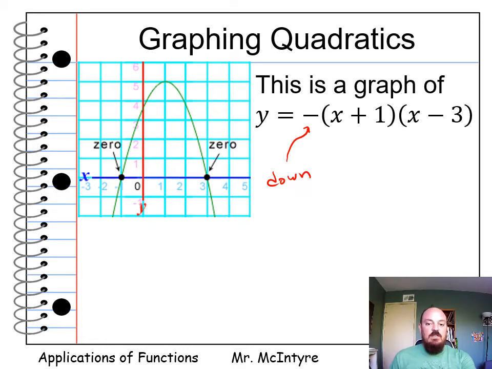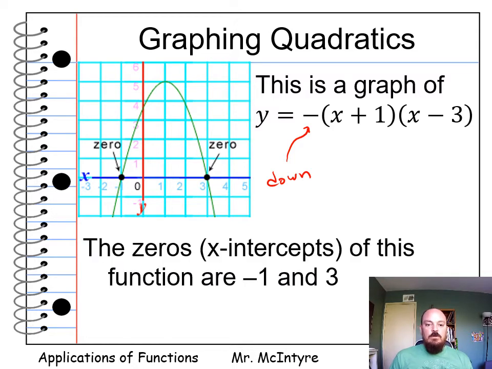Now the other two things I want you to notice are marked on there as zeros. Zero is another word for x-intercept. So what you notice is it has a zero, or an x-intercept, at negative 1, and it has another x-intercept at 3. Now let's compare that to our equation. If you look at the factors, the first factor is x plus 1, and the first x-intercept is negative 1.